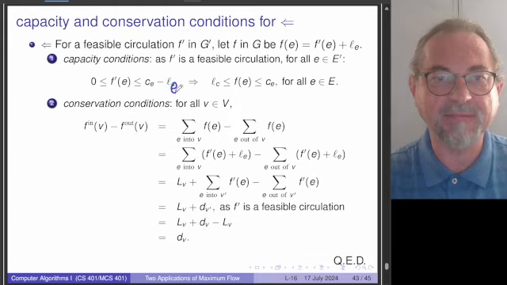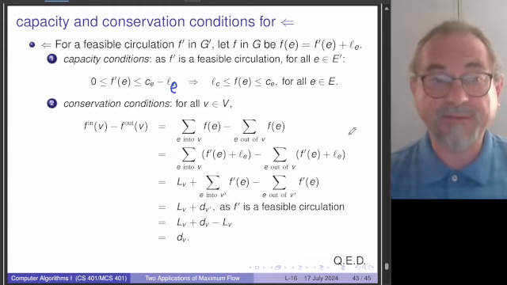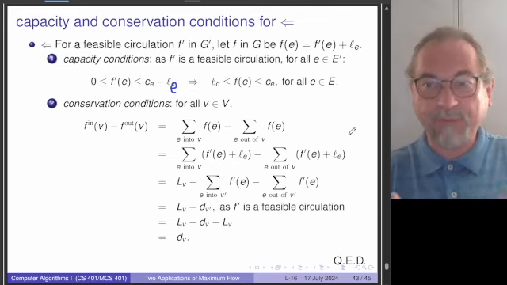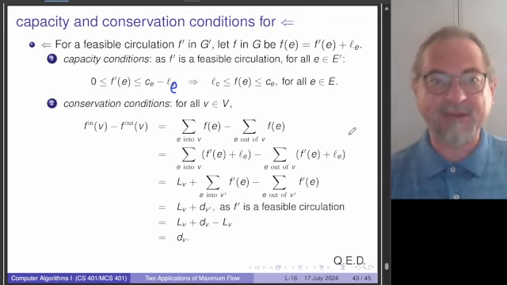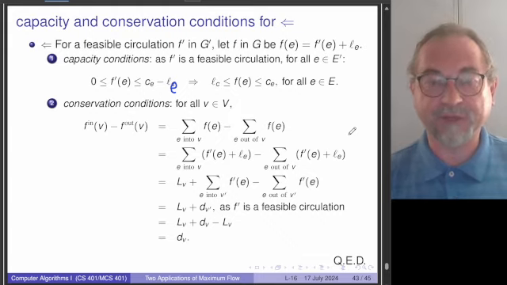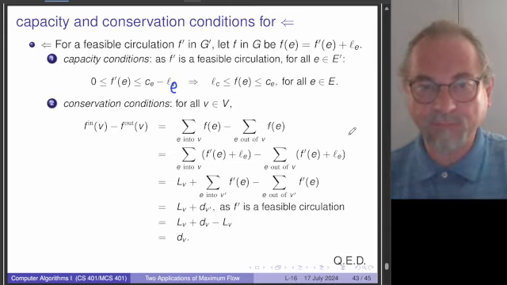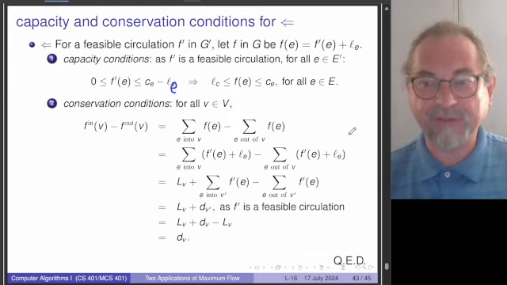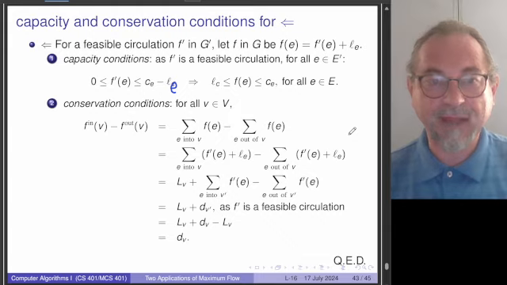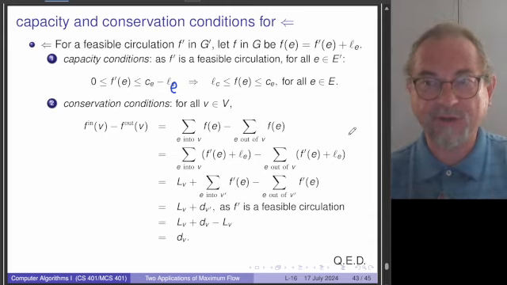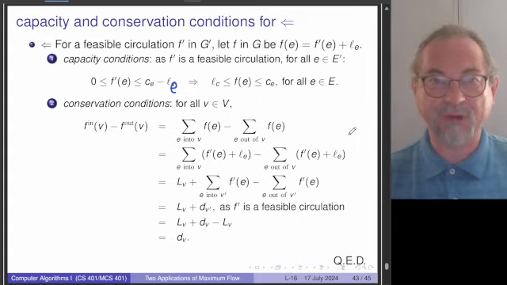This should be an E. Okay, so then we must also verify the conservation conditions, and the proof actually almost goes backwards. So what we do in this proof is verifying the definitions, spelling out the definitions, and then apply our recipe using the fact that in our new problem, f prime was a feasible circulation. And we have seen that if the conservation conditions hold on our new problem, the network G prime, then they also hold for the original flow.